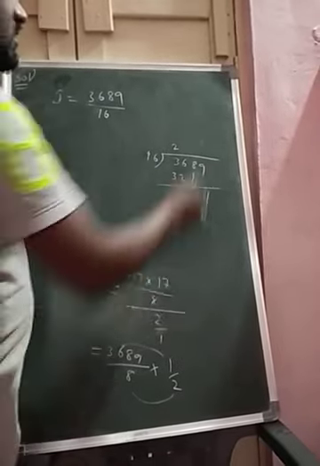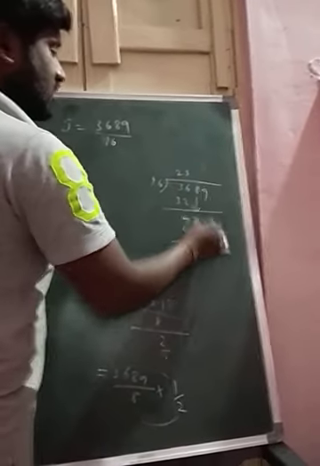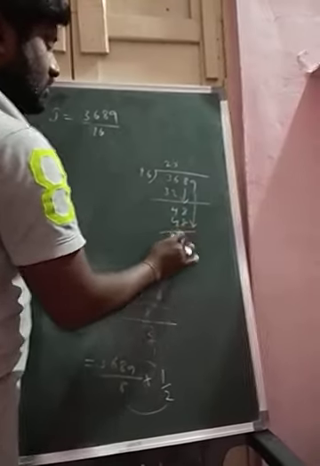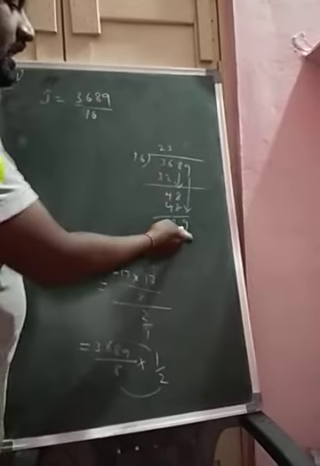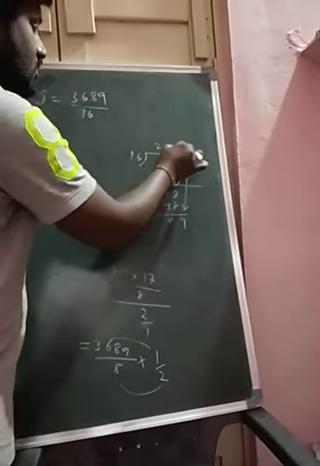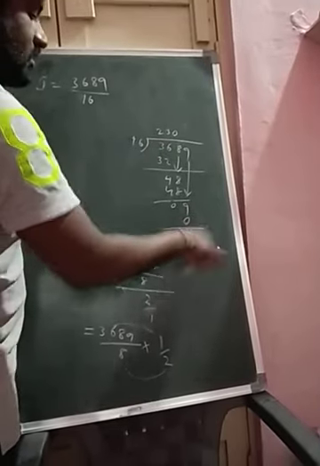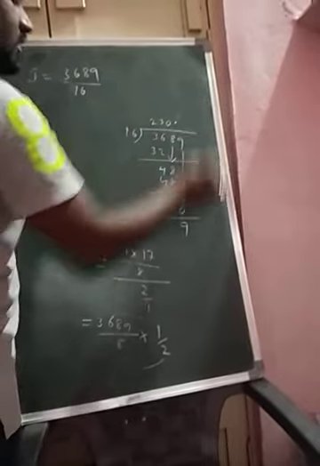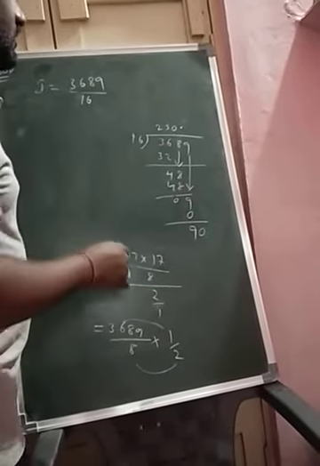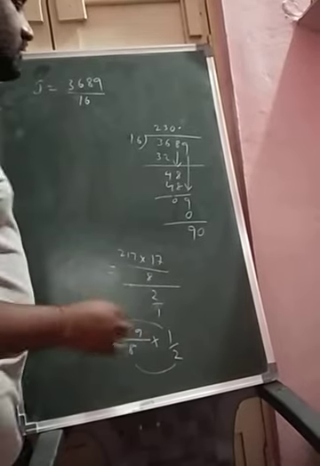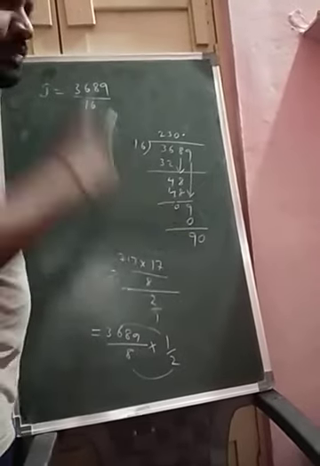Next 16 3s are 48, మైనస్ చేస్తే 0 వస్తుంది. So next carry down 9. 16 1s అంటే 9 క్రాస్ అయిపోతుంది, so that's why 16 0s are 0. So minus చేస్తే 9 వస్తుంది. You take here point and take here 0. Next 16 6s are 96 వస్తుంది.